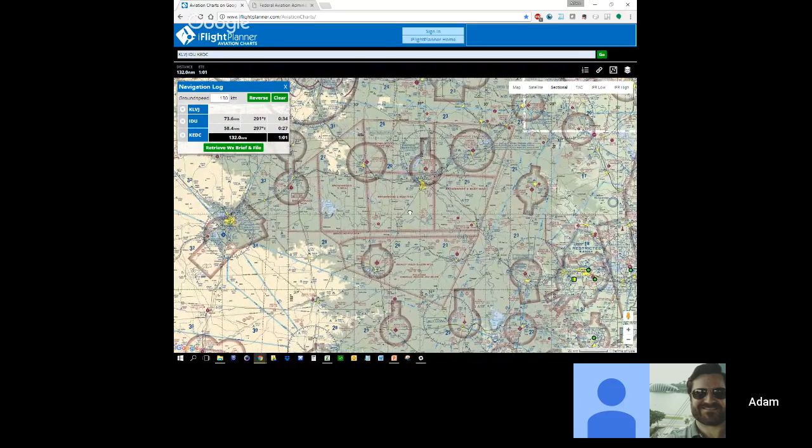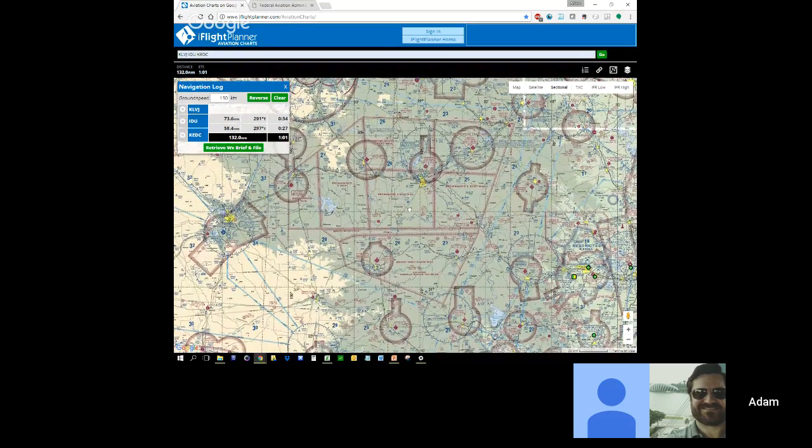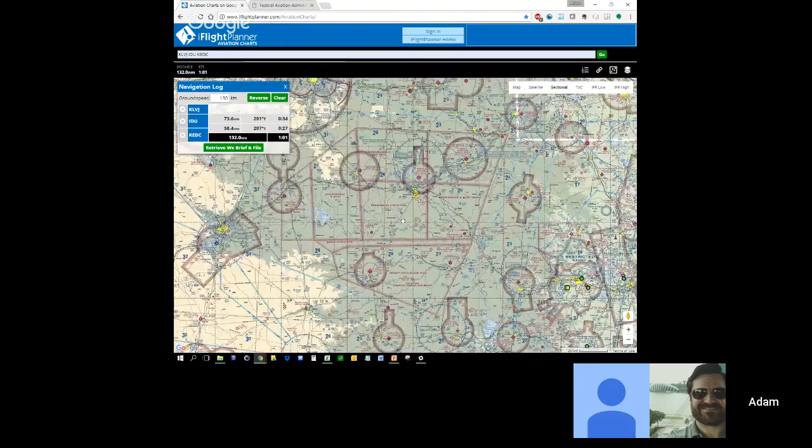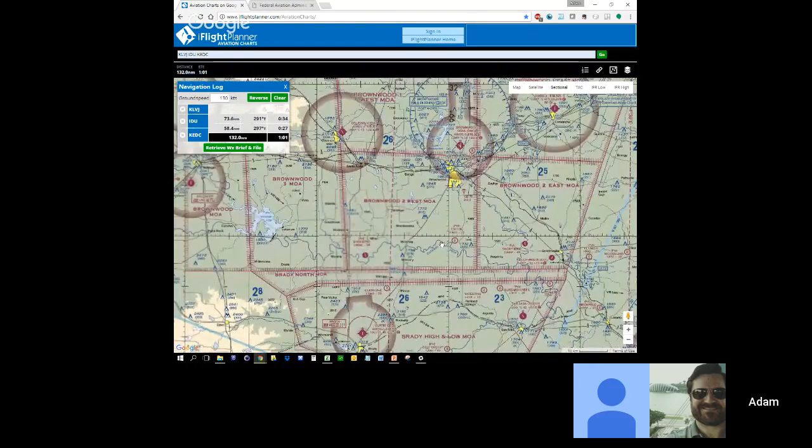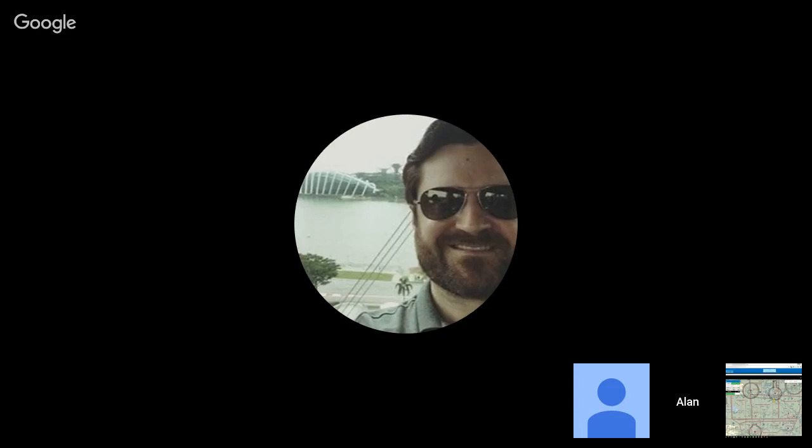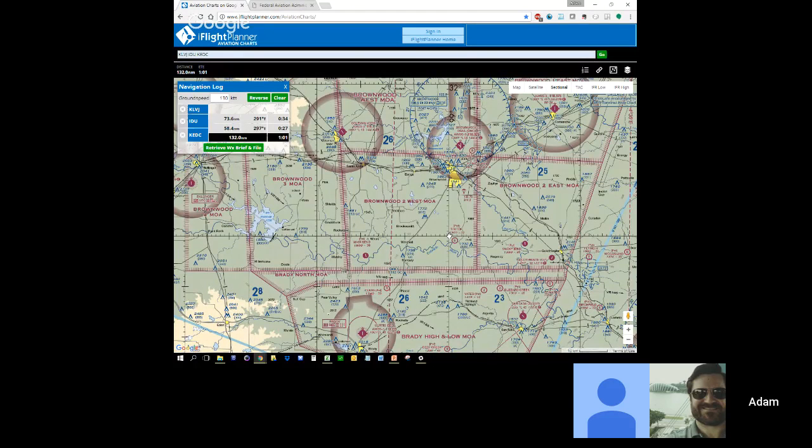And here's just an example northwest of Austin. You can see a series of MOAs here on the screen. Brownwood, Military Operations Area. Typically, you'll find these in sparsely populated areas, and the reason is there's a lot of military training that goes on in this airspace.